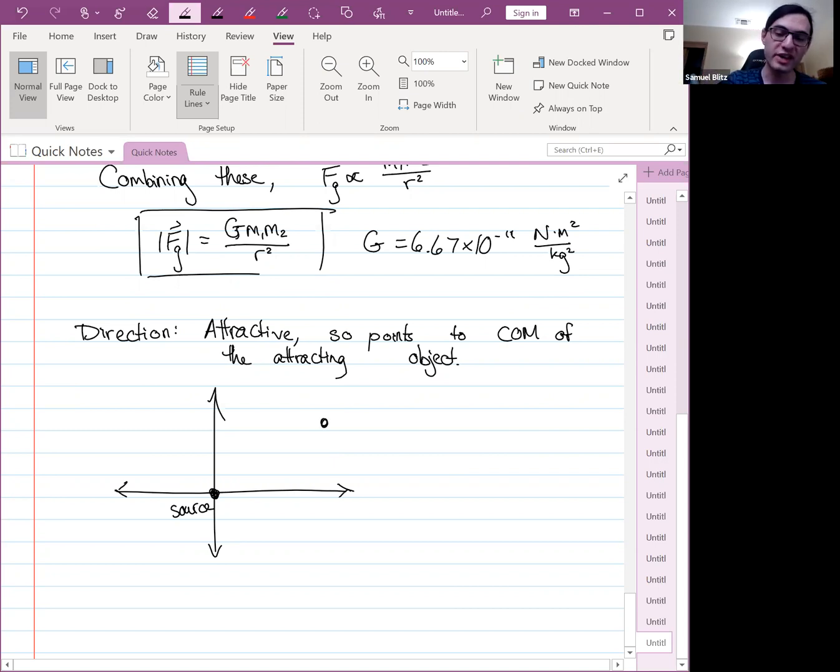So if the second object is over here, call that the recipient of the gravitational force, then the unit vector that points from the first object to the second object is r hat. So the direction that the gravitational force would be in would be this way, right? In particular, it's in the negative r hat direction.